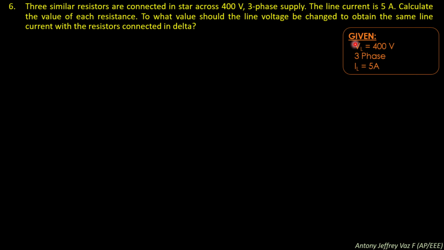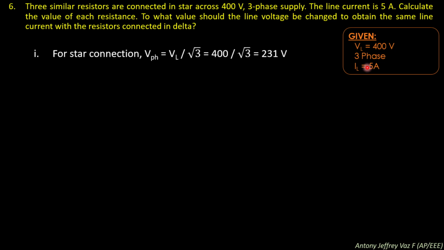The given data are the line voltage is 400 volt and it is a 3-phase AC supply and the line current is 5 amperes. So for star connection, you know that the phase voltage will be equivalent to line voltage divided by root 3. So 400 divided by root 3 will give you 231 volt.